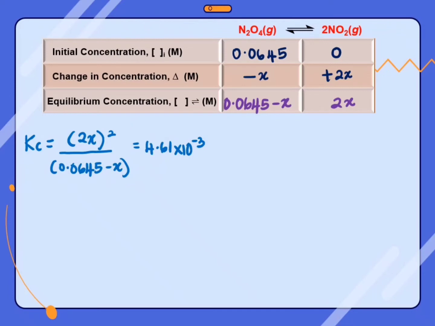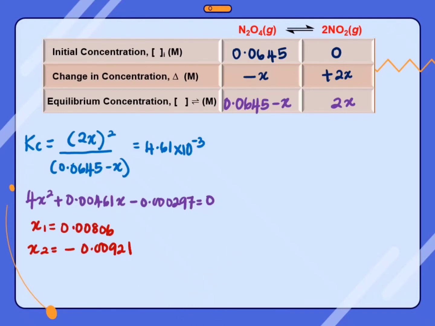You have to solve it and get the value of X. We will get two values of X, X1 and X2. But which one do you need to choose? You need to choose which value of X is suitable for the equilibrium concentration.